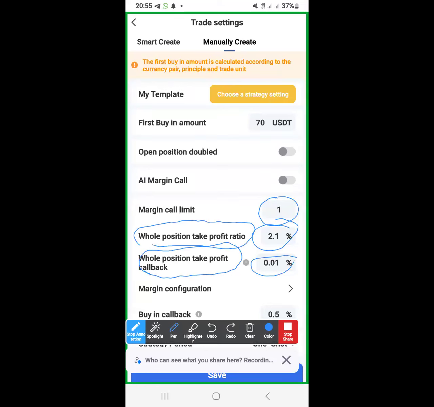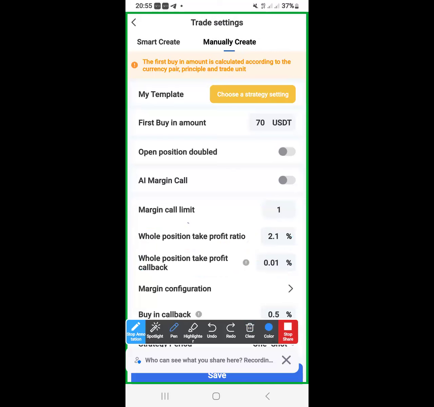Now, if you have position take profit callback as a figure like the way it is, it means it may have an effect on the TP. It is going to have an effect on the take profit ratio, the take profit percentage. How is it going to influence or affect it?